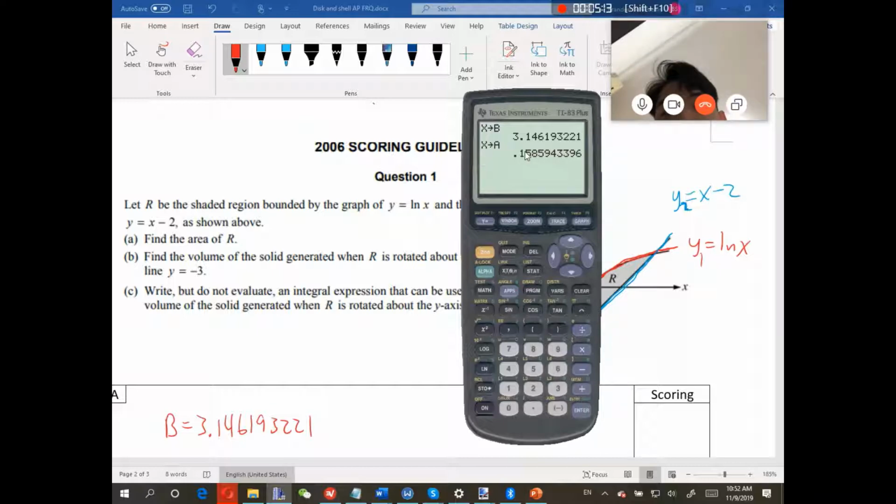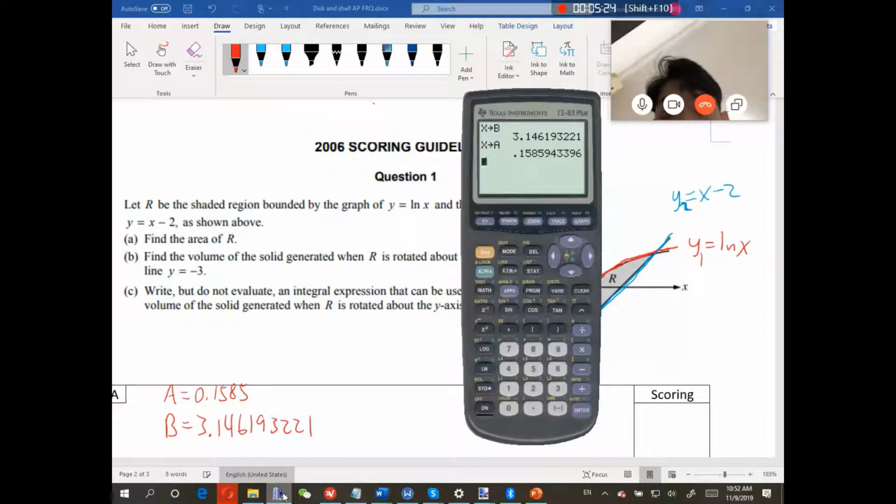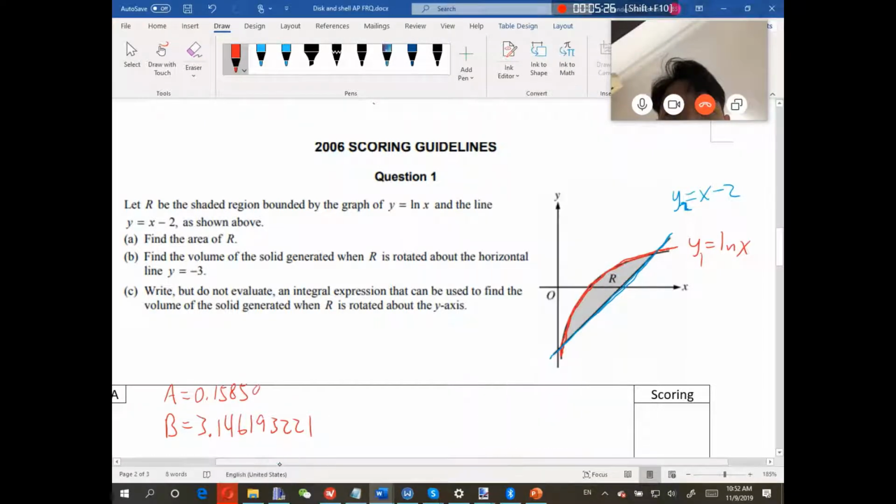So a is 0.1585943396. Okay, I've got our intersects, which from now on we can just call A and B, since we've told College Board we know what A and B are.